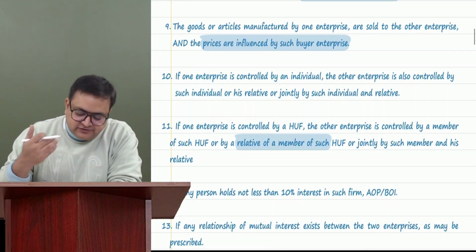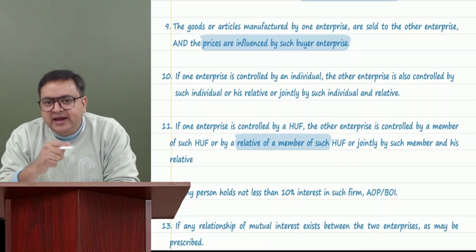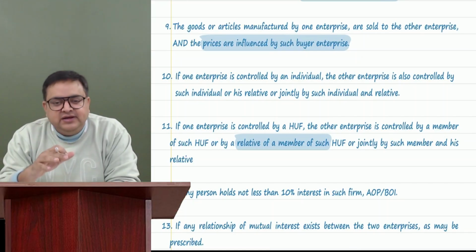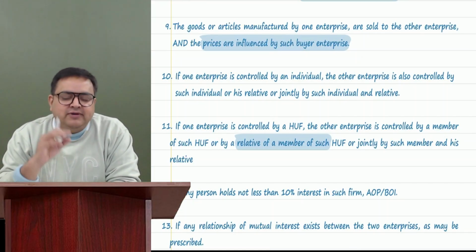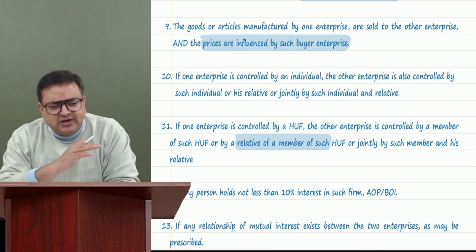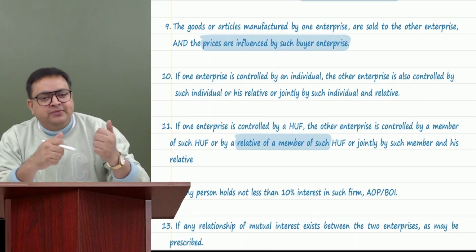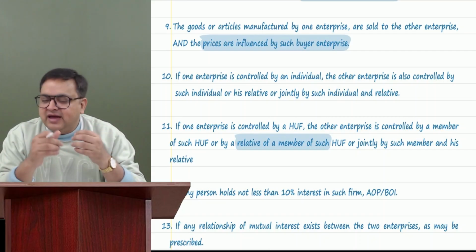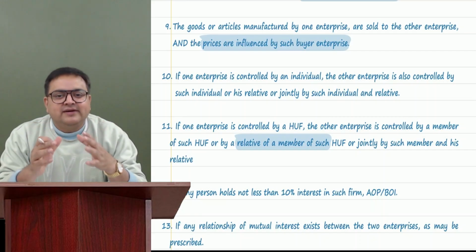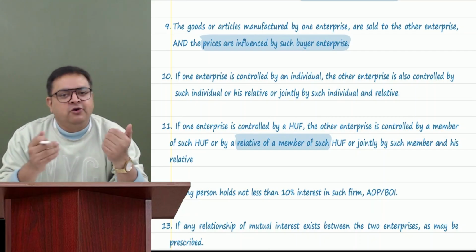Guys, actually, this TP law came very late in India, and the first country where transfer pricing came was the UK. Most of the countries have taken the transfer pricing law from the UK, and since India is also one of them, they have taken mostly the transfer pricing provisions from UK law itself.